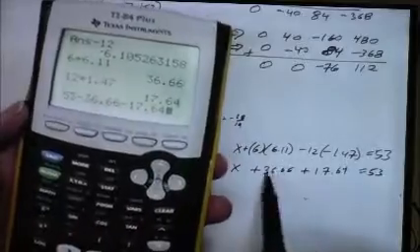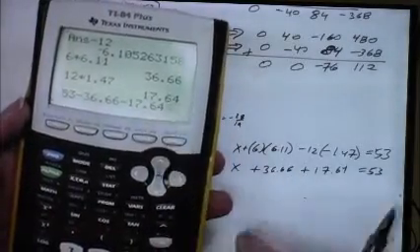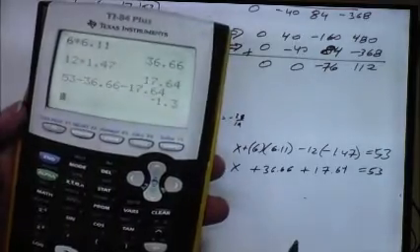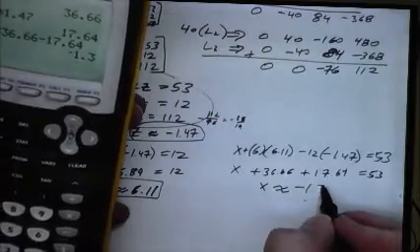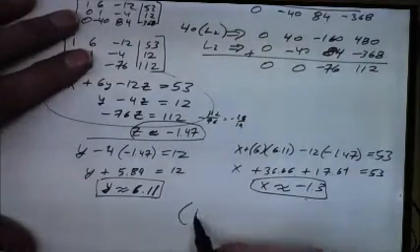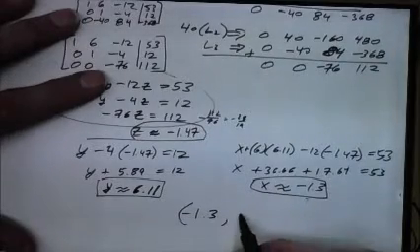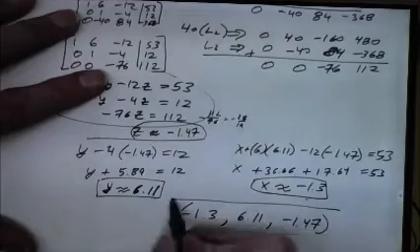So it's 53 minus 36.66, because we move it over, minus the 17.64, and I get negative 1.3. So x is approximately negative 1.3. Negative 1.3, 6.11, negative 1.47.